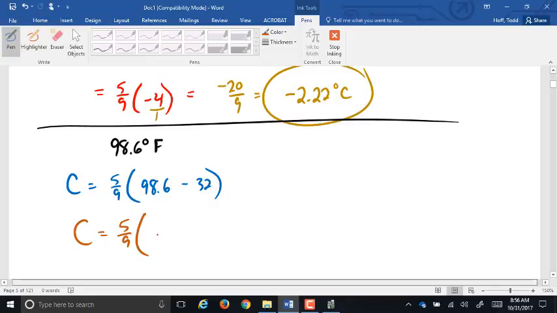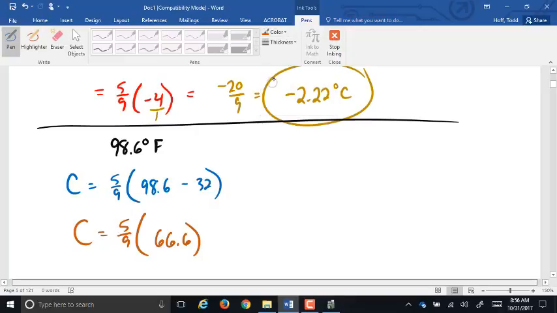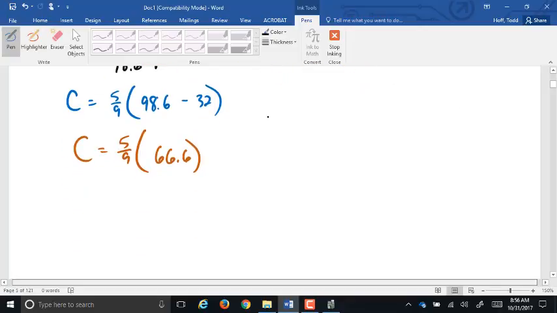Well, this is converting into Celsius, though. So then 5/9 times 66.6, 37 degrees. So human body temperature is actually 37 degrees Celsius. A pretty drastic fever would be like 39 degrees Celsius. It's a pretty good fever.